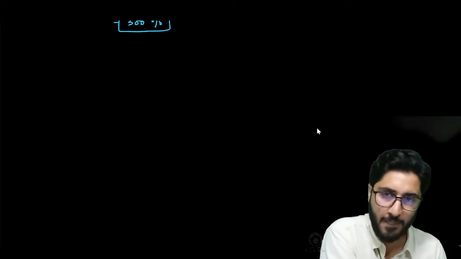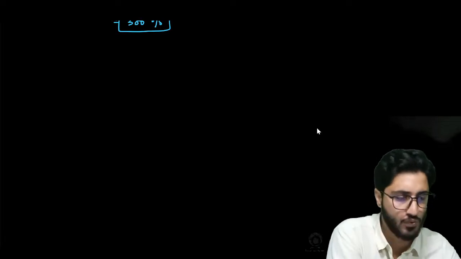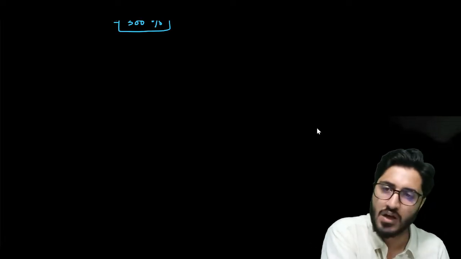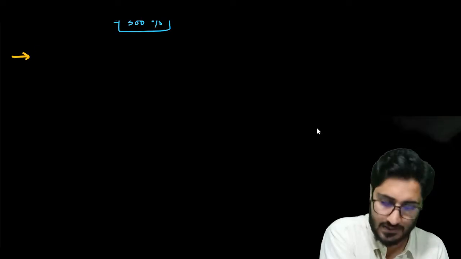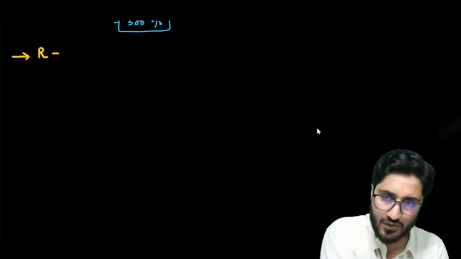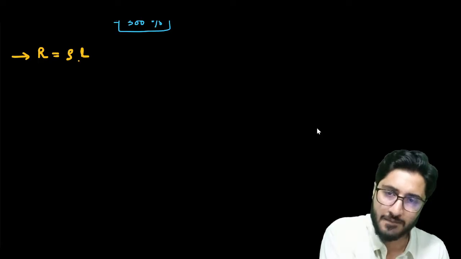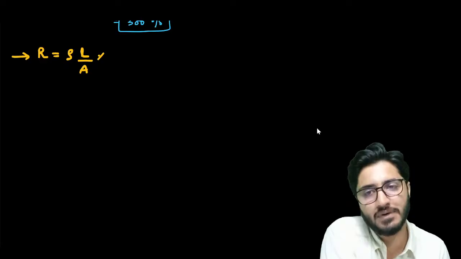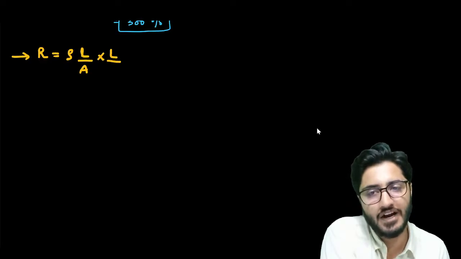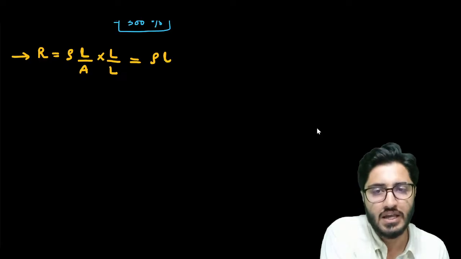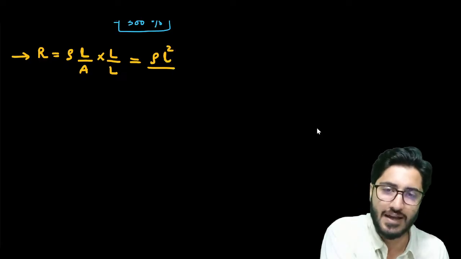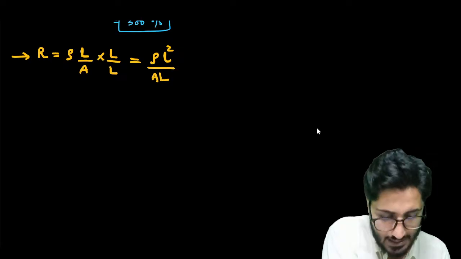Suppose R is equal to rho L by A, the general equation. If I multiply with L and divide with L, what will happen now? It is rho L square divided by AL.